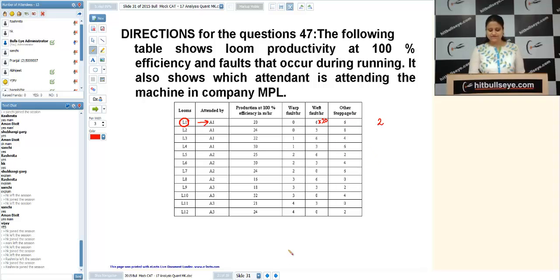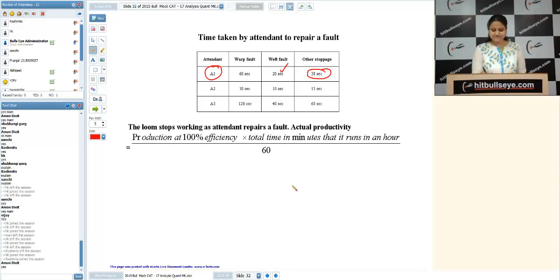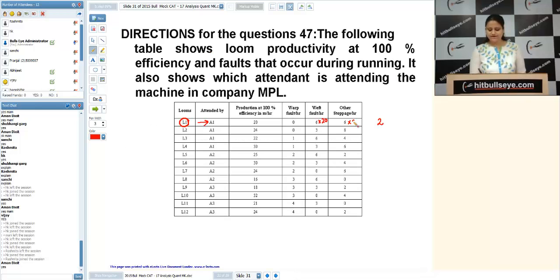Other stoppages he is getting 6. Now he takes 30 seconds to repair other stoppages, so he'll take 6 into 30, that is 180 seconds, which comes out to be 3 minutes. So in total for 5 minutes the machine is stopped.